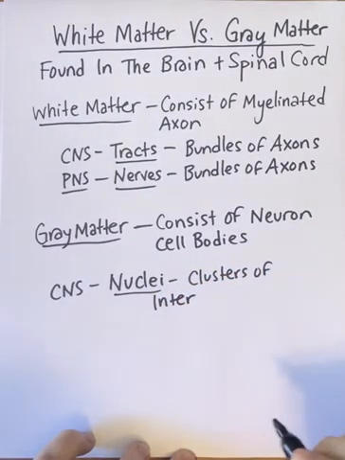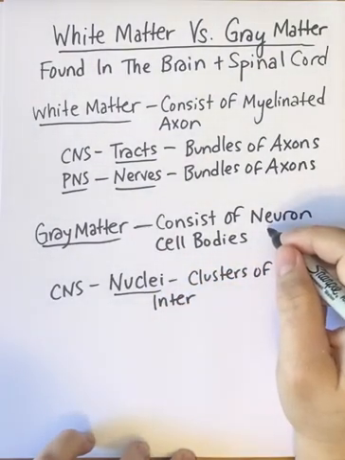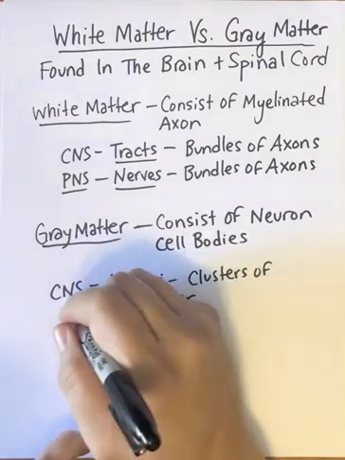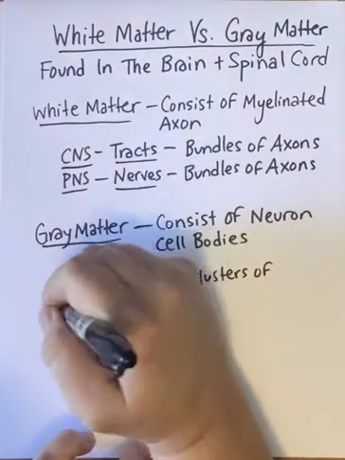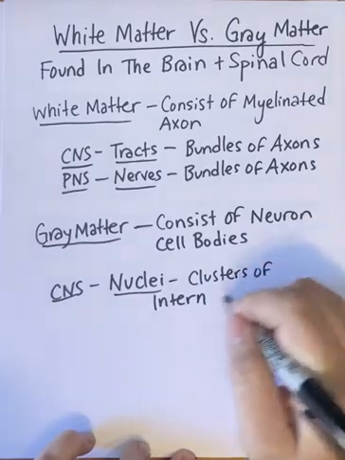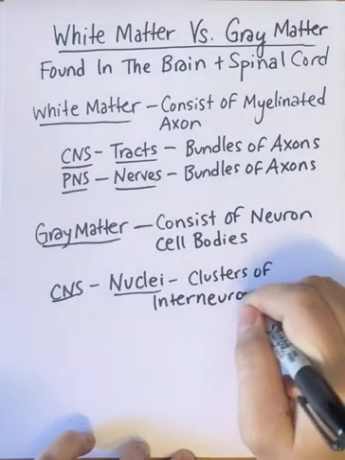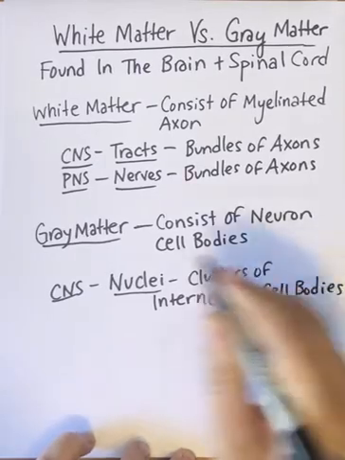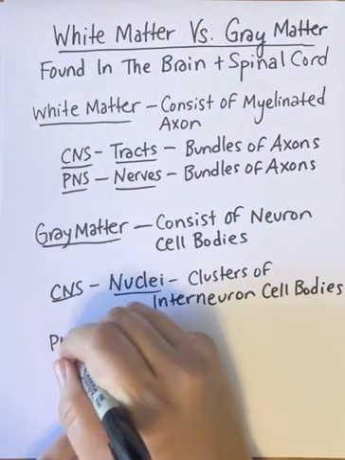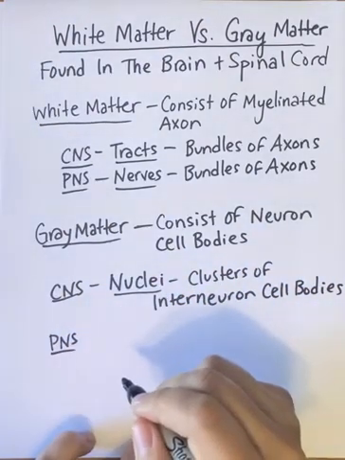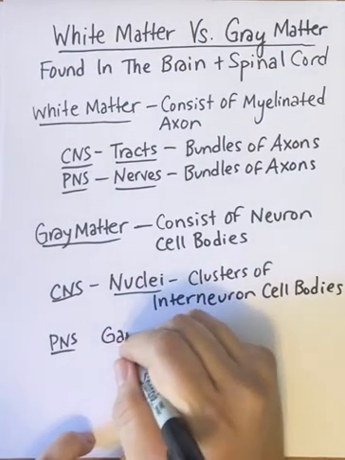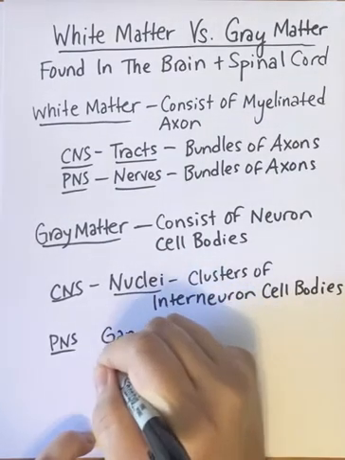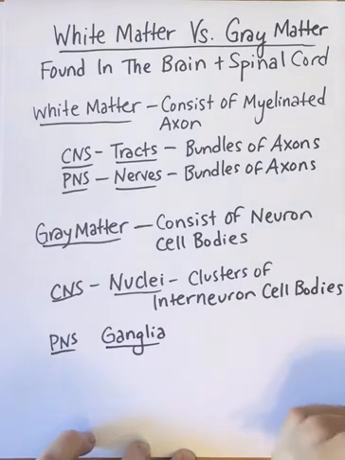We know that neurons found in the CNS are called interneurons. So in the CNS, they would be clusters of interneuron cell bodies. And in the PNS, we use a different term. We call them ganglia. Now, when I think of a gang, I think of a group.